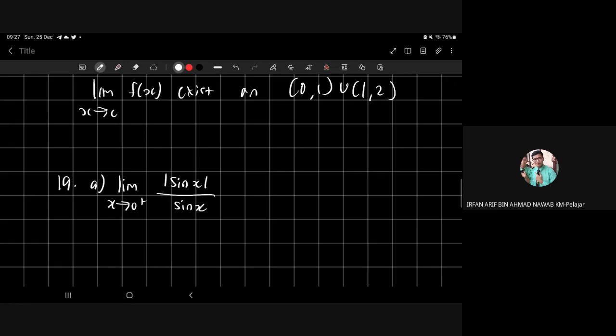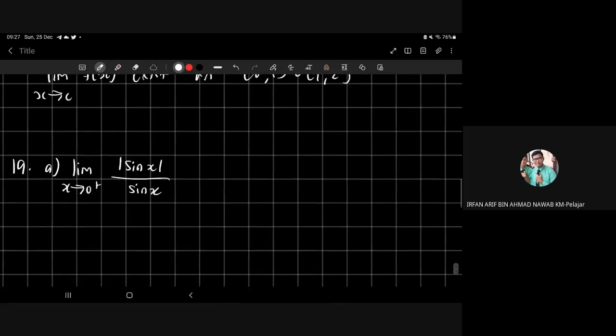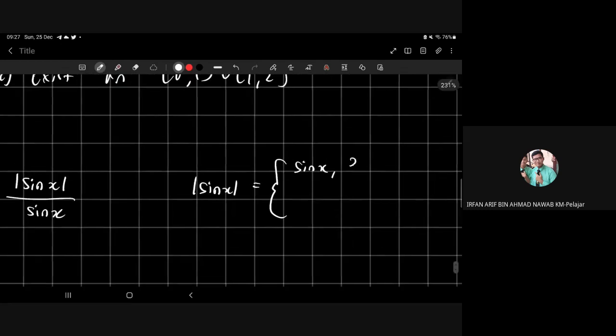So as far as I know, my Dr. Wong did mention that all we have to do is create the piecewise function for the absolute value of sine of x. Let me create this piecewise function first, and then we can substitute the value. So this is sine of x for x larger or equal to 0, and negative sine of x for x less than 0.